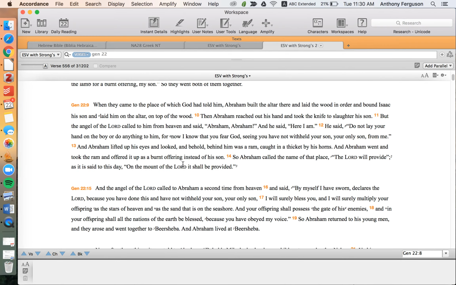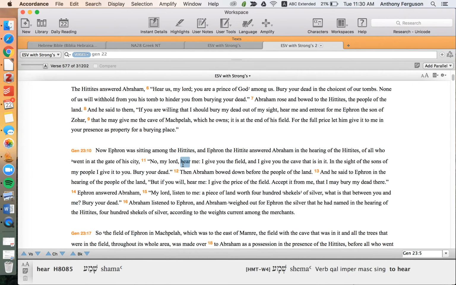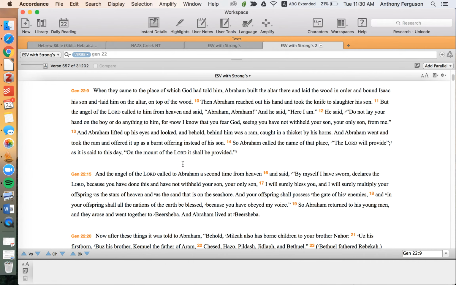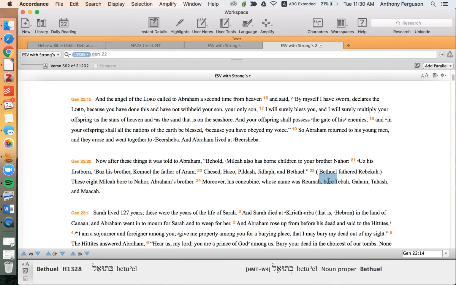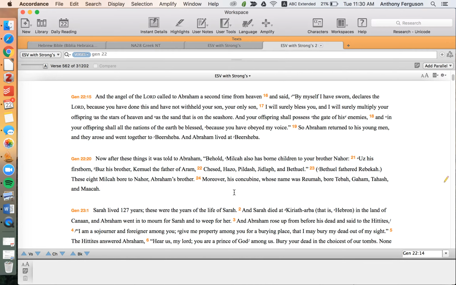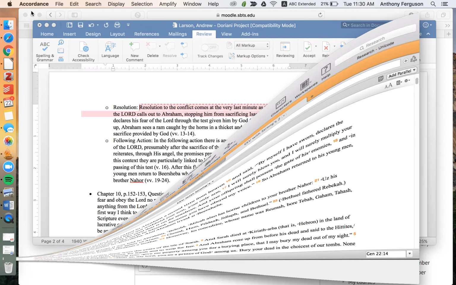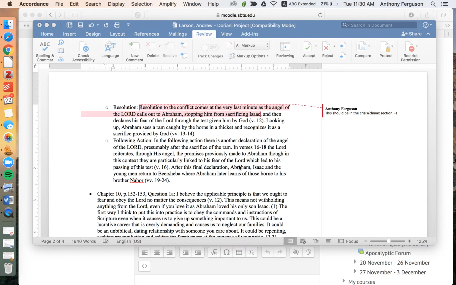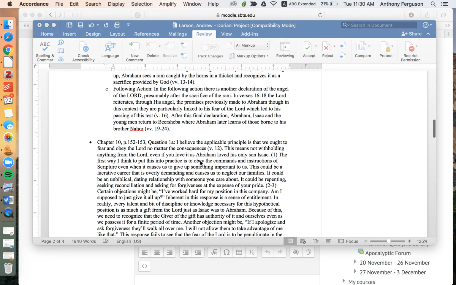They include a restatement of the promises in verse 17. So it's pretty important that in the resolution they talk about verse 17. Does he do that? The Lord reiterates through his angel the promises. That's fine. That's good. So 1 point off of that.